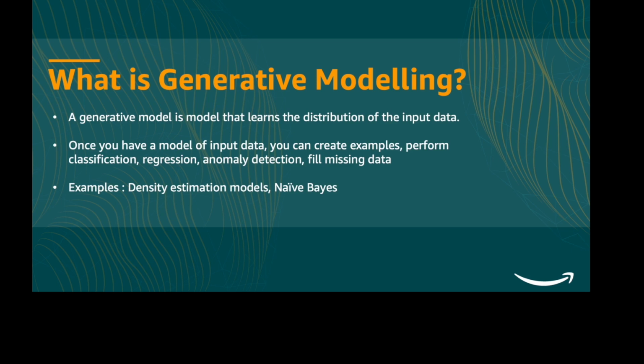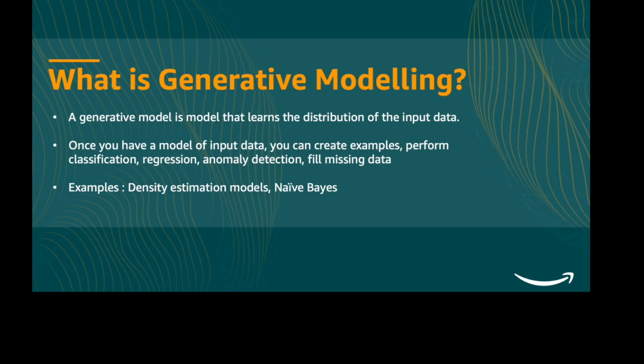Once you have the distribution from which the input data has been generated, you can use it for many purposes. You can actually create new samples using that distribution, and that can be helpful for data augmentation when you have a small data set, with fewer data points. We can use it for classification as well; Naive Bayes is one example. We can do it for regression.